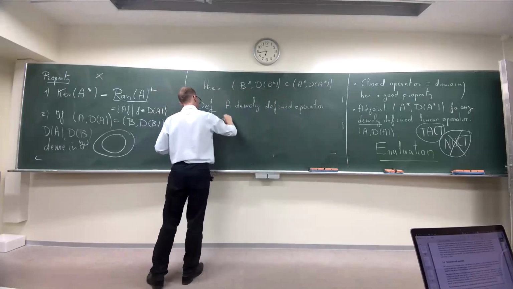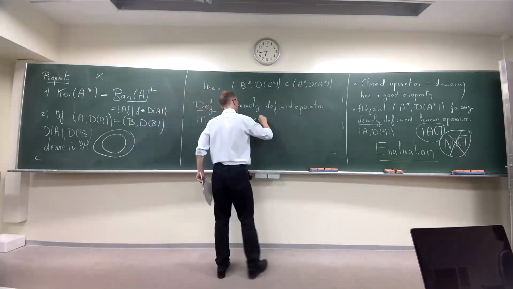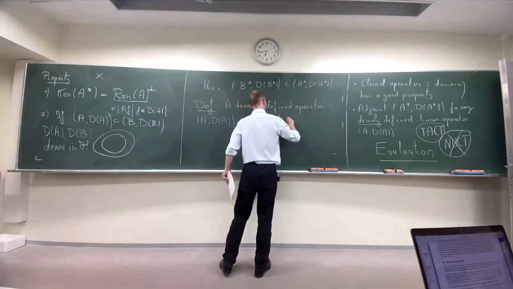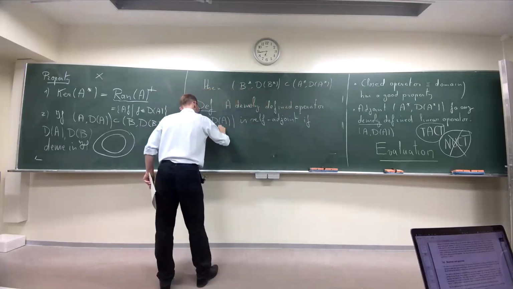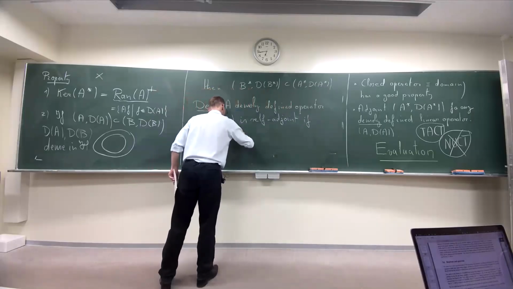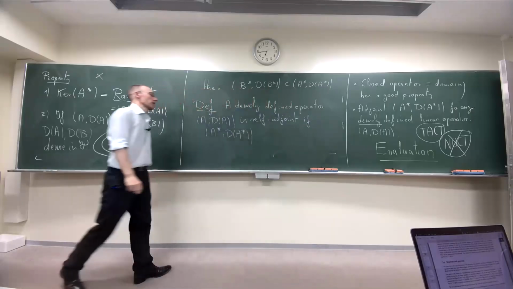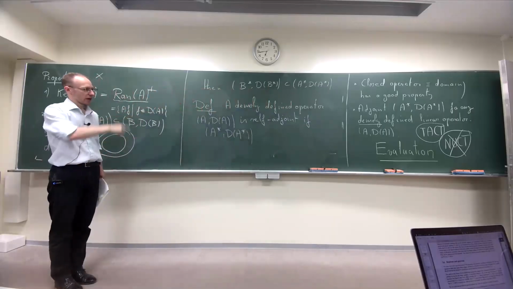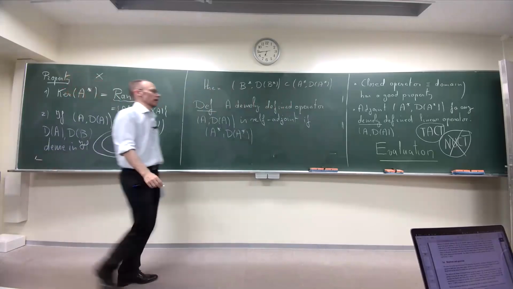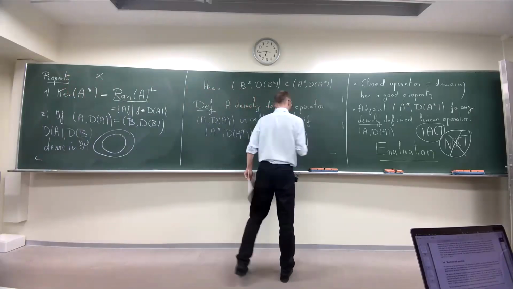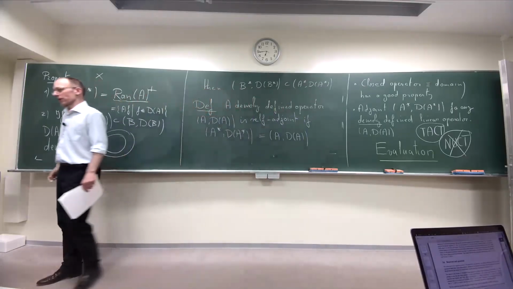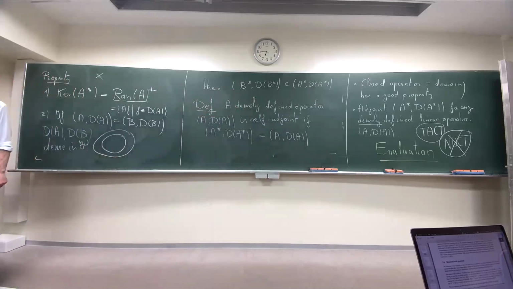A with domain D(A) is self-adjoint if A* with domain D(A*) equals A with domain D(A). So if the adjoint, which you can define because I have assumed that A is densely defined, is equal to A. For matrices, it should remind you that the adjoint of a matrix is equal to the matrix itself.